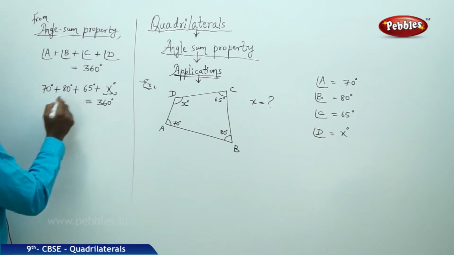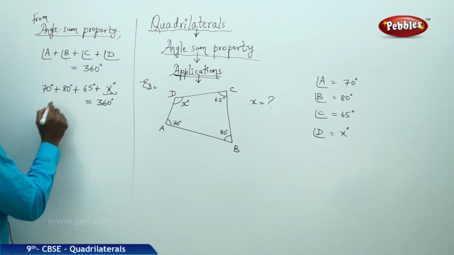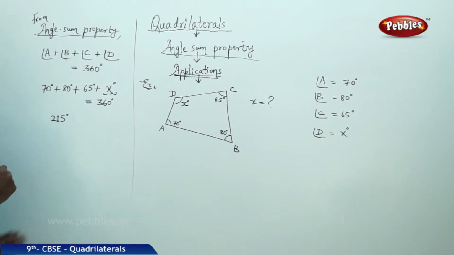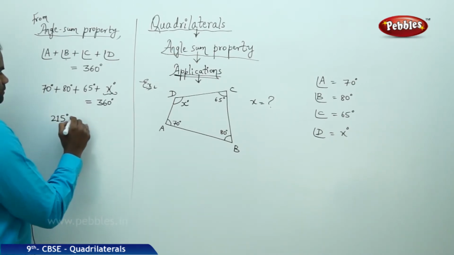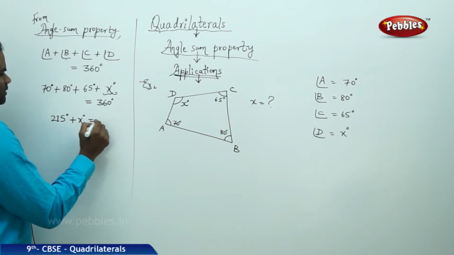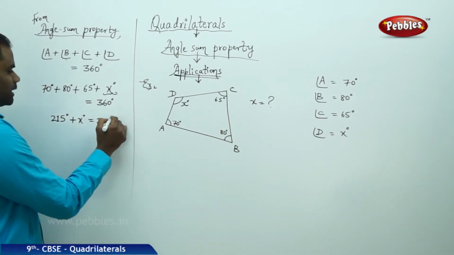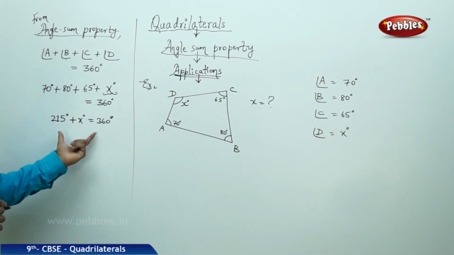Let me add all these three. 70 plus 80 is 150. 150 plus 65 is 215 degrees, is what we get. Plus x degrees equals 360 degrees is what we get when it is further simplified.